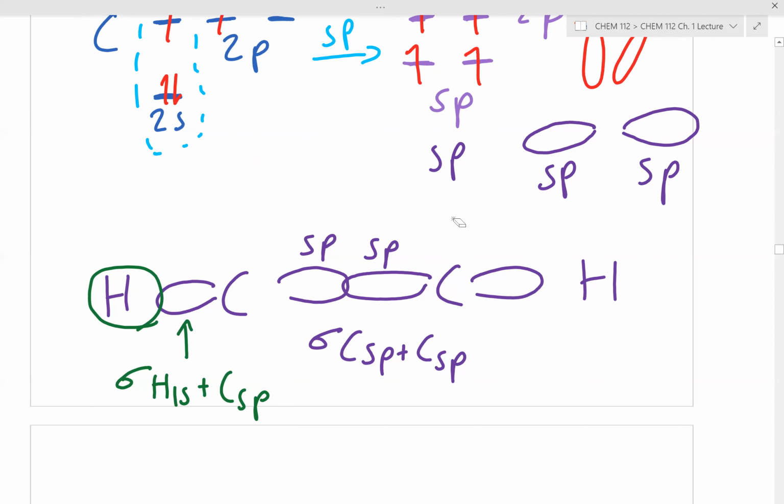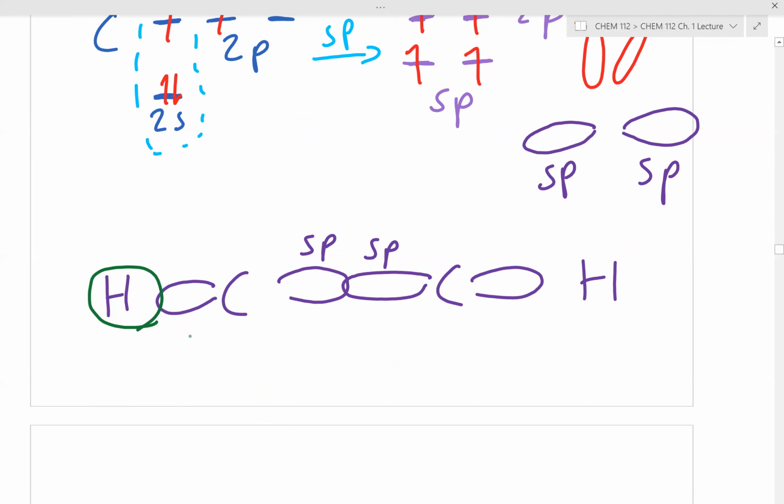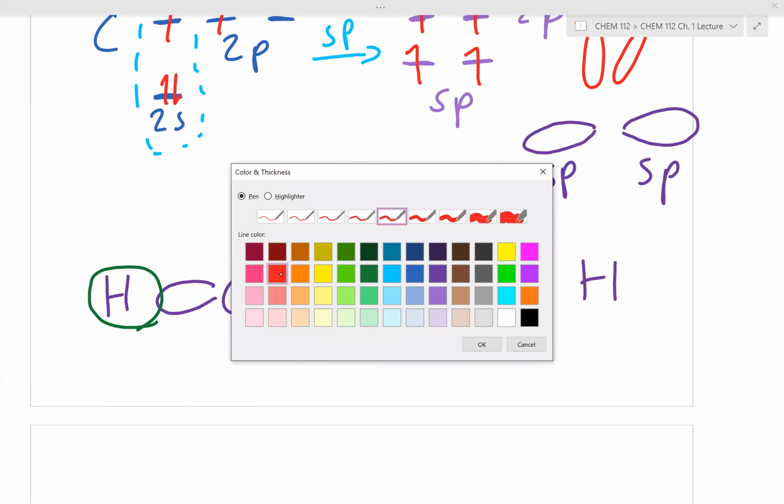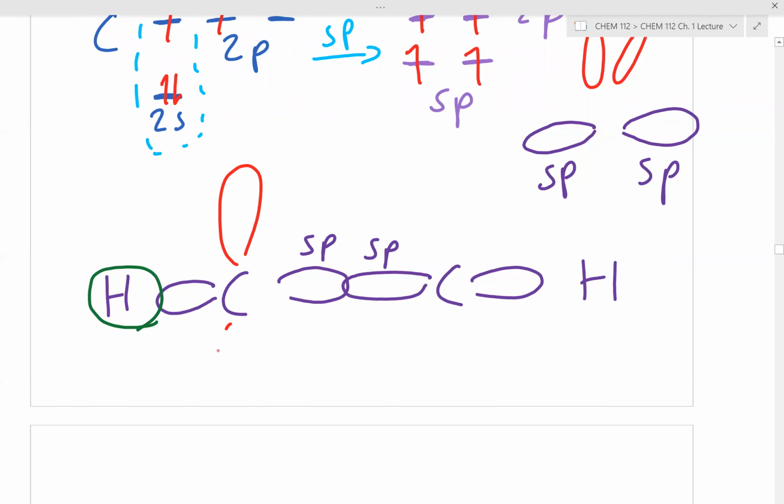And I'm going to clear up a little bit of space here, just so that way we can fully address these p orbitals. So the p orbitals have different orientations in 3D space. So let's draw our first set of p orbitals that are going to be vertically above our bond axis. Okay, so this is one of our 2p's.